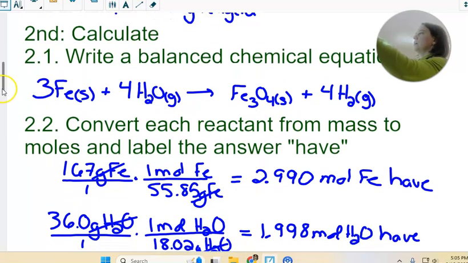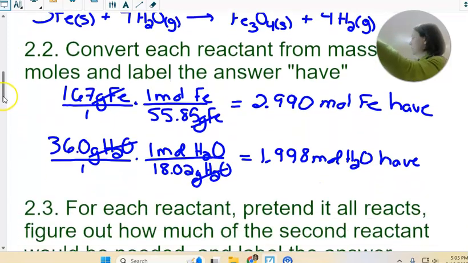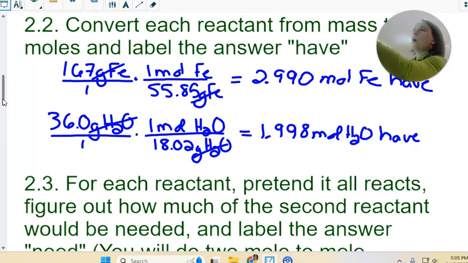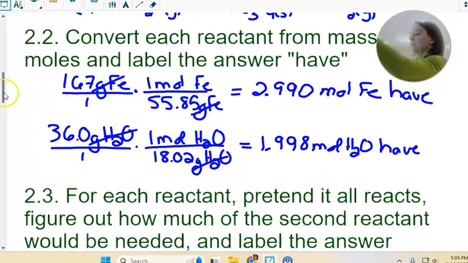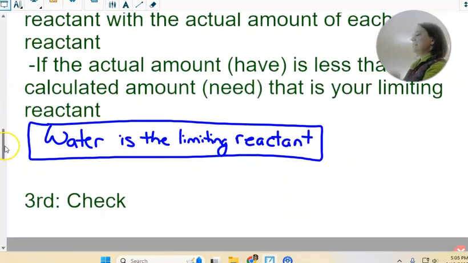So let's look at the balanced chemical equation. If I have 3 moles of iron, I'm going to need 4 moles of water. Well, I only have 2, so I'm going to run out of water first. Is that what I found? Yes, water is the limiting reactant.